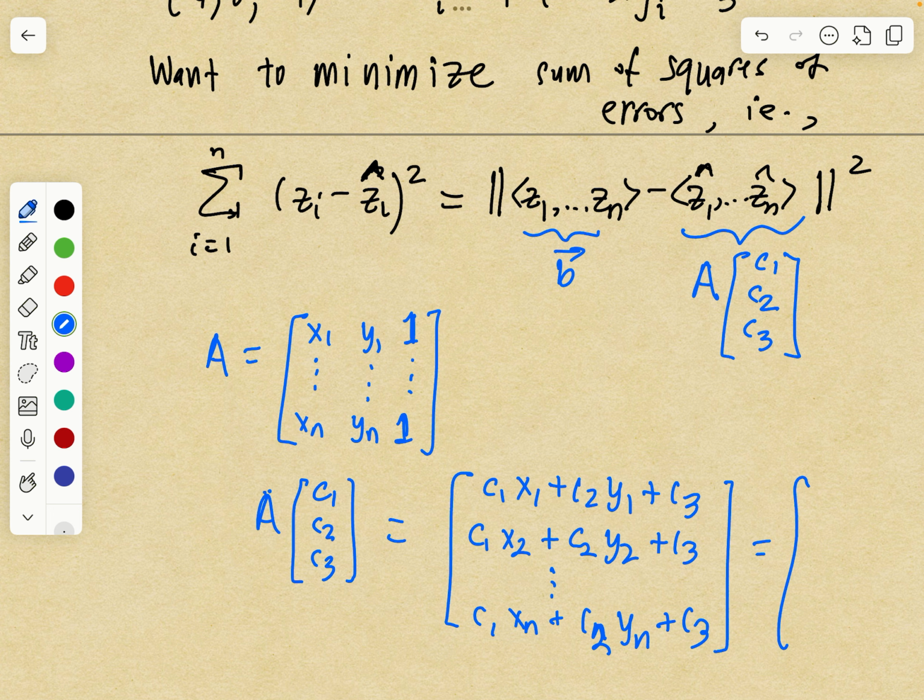And that's going to be the same as z1 hat up to zn hat.